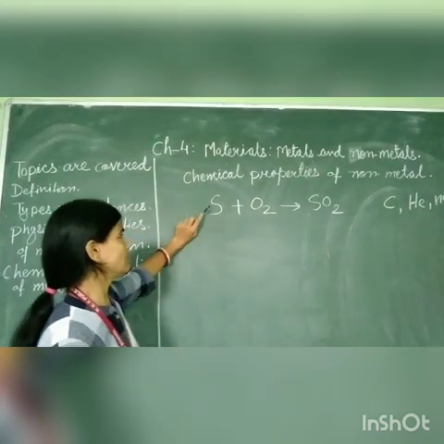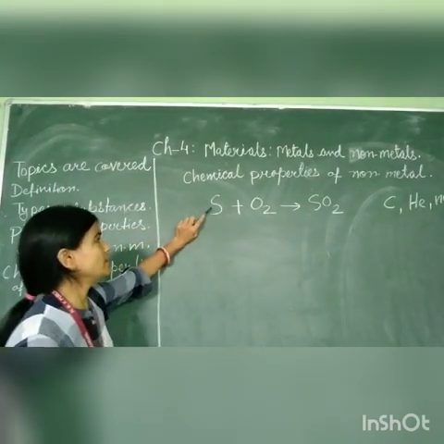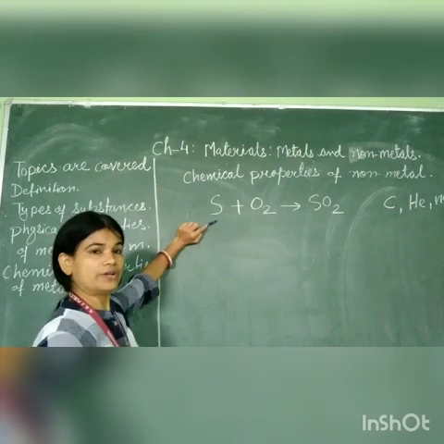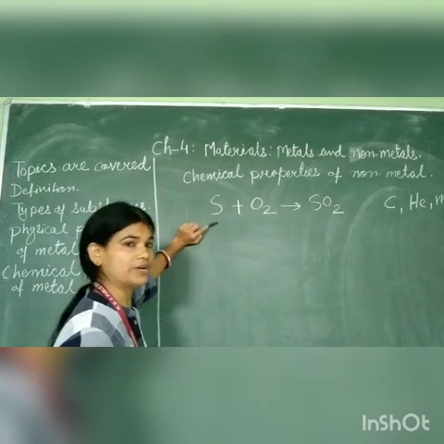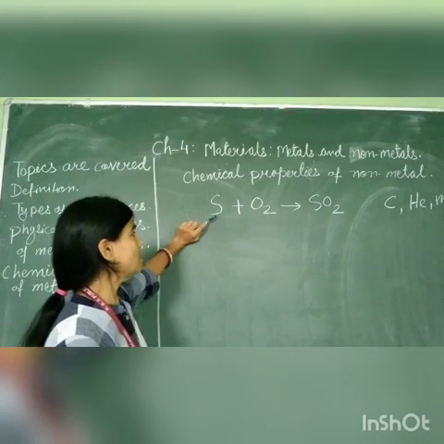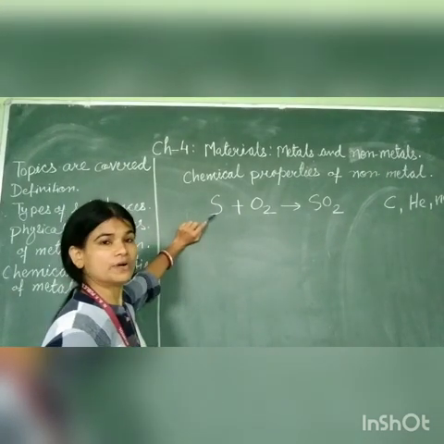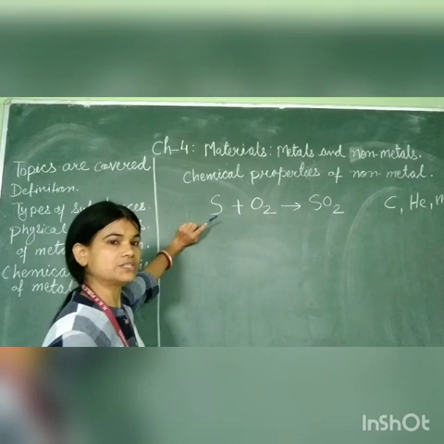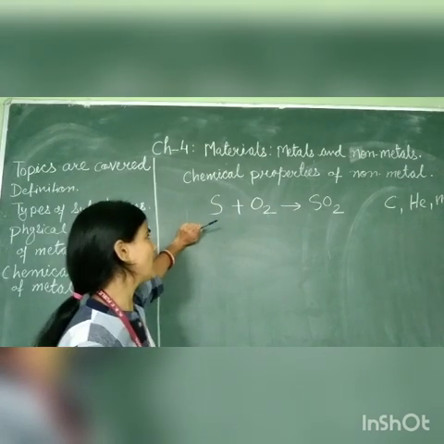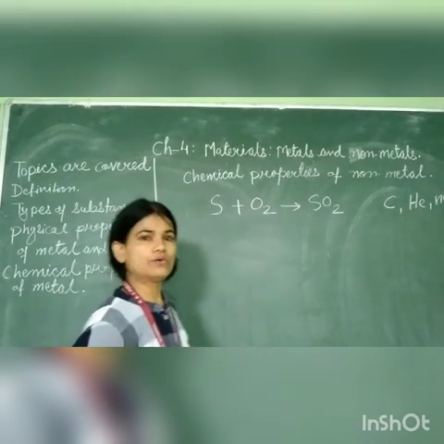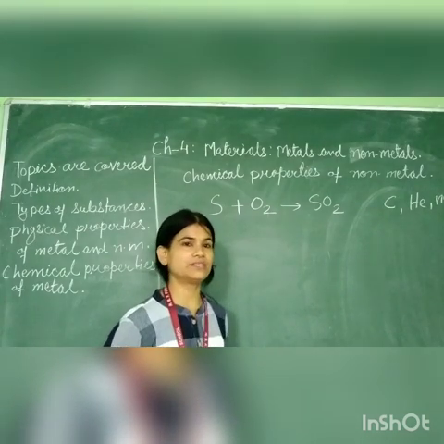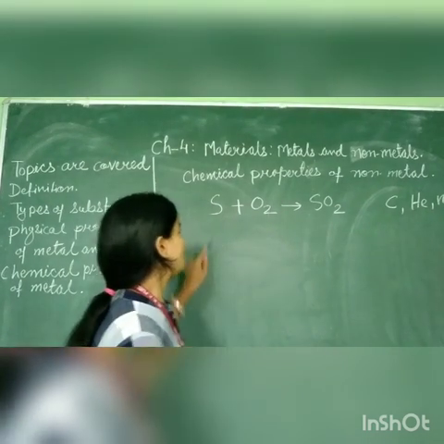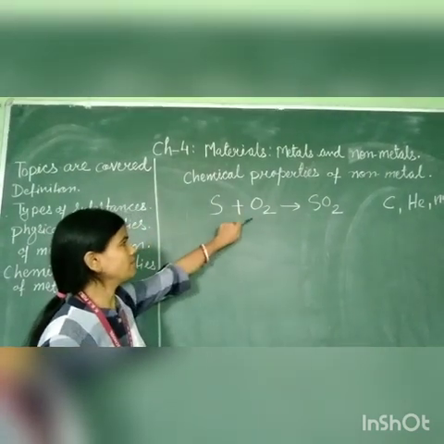Some introduction about sulfur: among the 118 elements, sulfur has atomic number 16, and its color is bright yellow, or we can say off-white. Now let's come to the experiment.